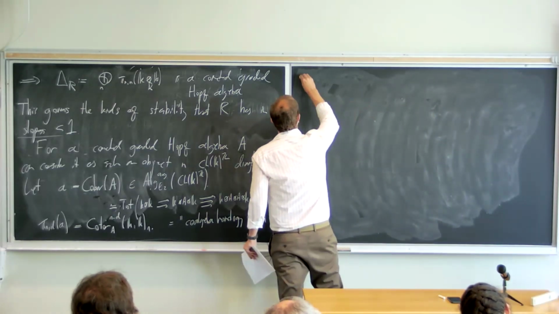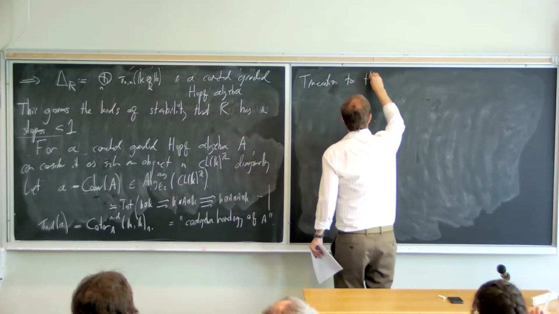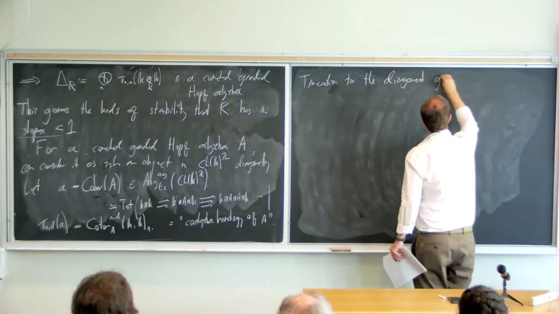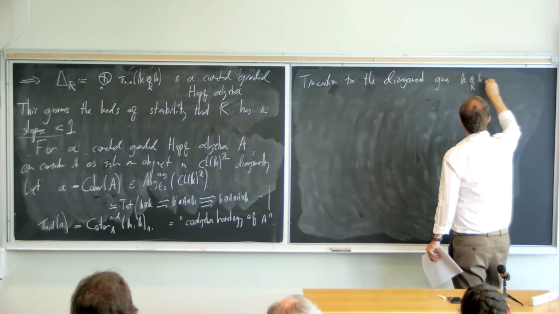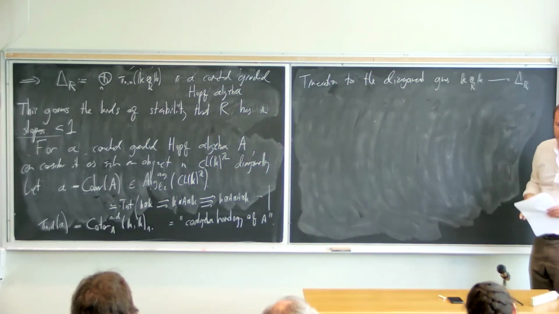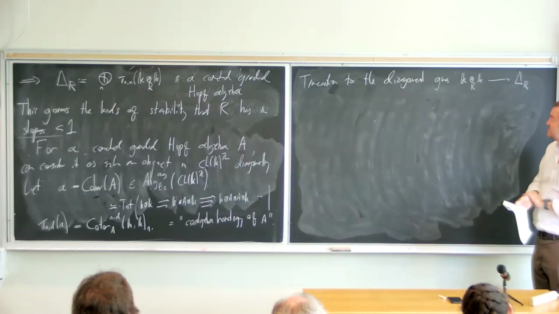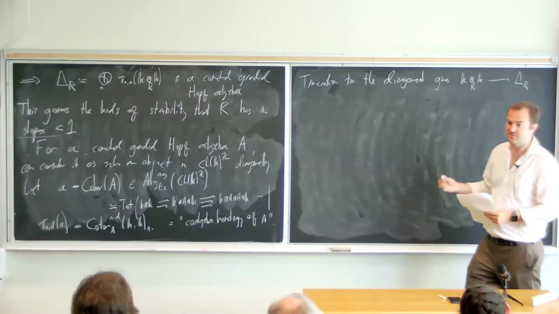So truncation to the diagonal gives me a map from this object to just its diagonal part. That's just the analog of taking connective covers. And in fact, it is taking connective covers in a certain t-structure. But then I can take cobar of that.